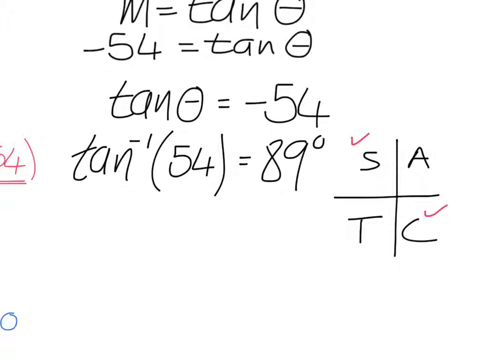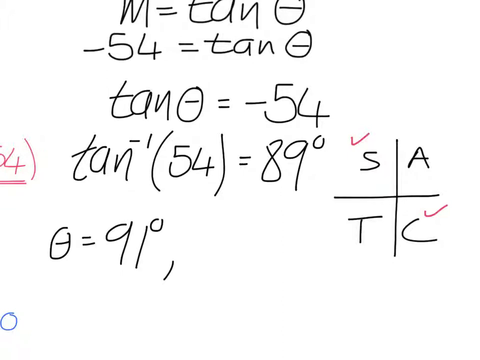Now I've rounded that to the nearest degree at this point because the question asks us to work out the size of angle theta to the nearest degree. Now what that means is that theta will equal, first of all, from the sine quadrant, 180 take away 89, which is 91 degrees.